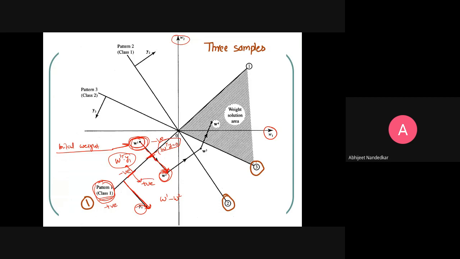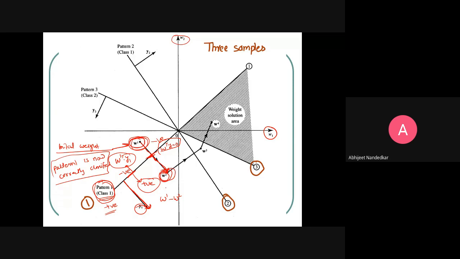Now this is the positive zone, and you want that because you want for class 1 output should be positive. Now you are in the positive zone, so because of this correction, your pattern 1 is now correctly classified. Okay, so this is done. Now I am here.